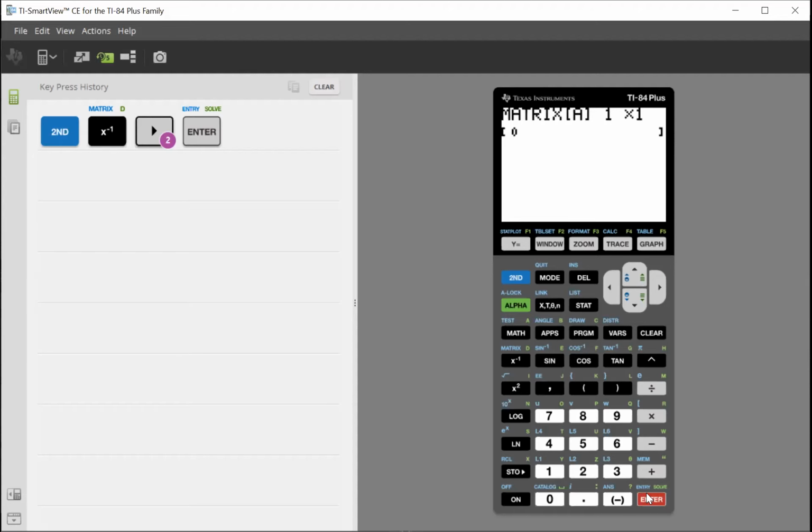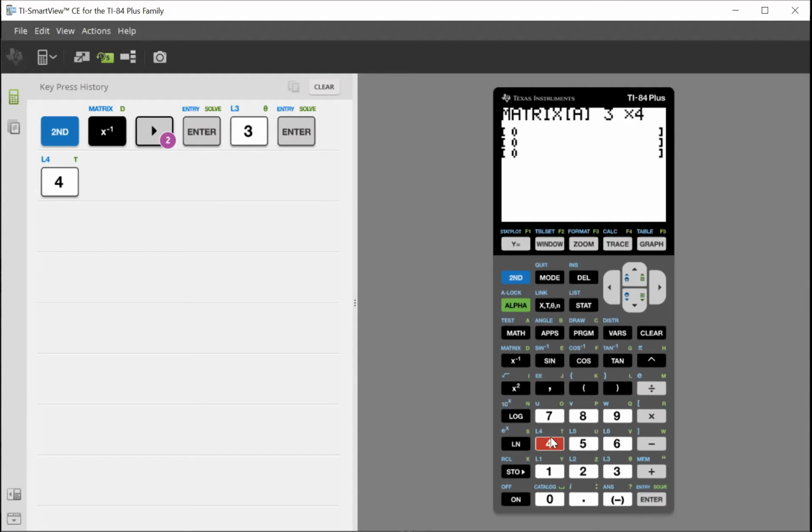On the problem I just did, I had 3 rows of equations, so I would put a 3 and enter. And then we had 4 columns: an X column, a Y column, a Z column, and the answer column.